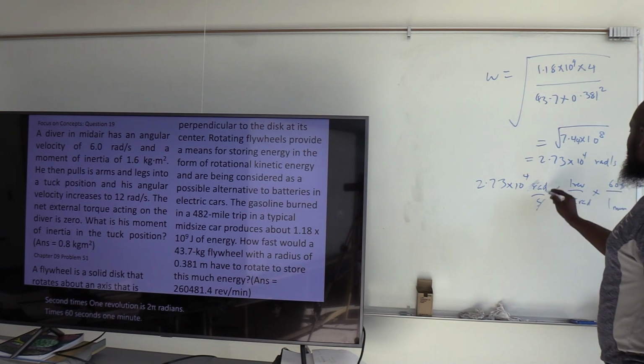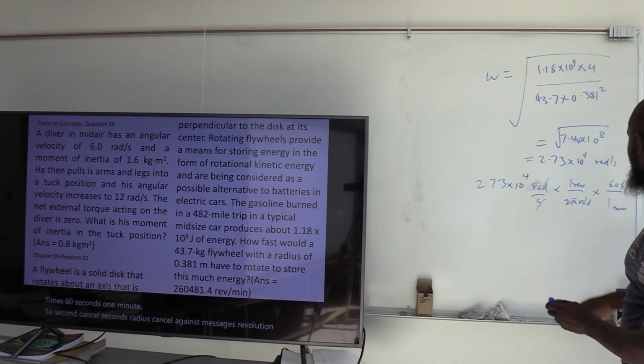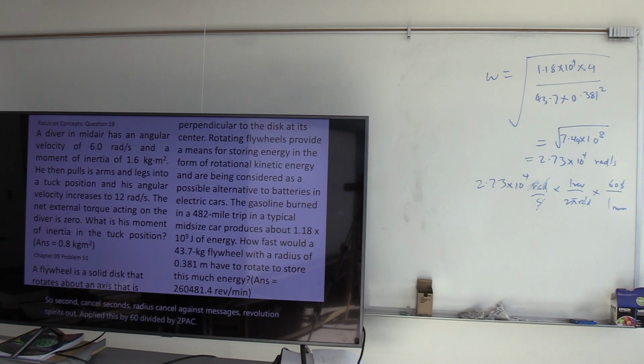So seconds cancel seconds, radians cancel radians. My answer is revolutions per minute. So I multiply this by 60 divided by 2 pi. So 27300 times 60 divided by 2 pi, 260661.